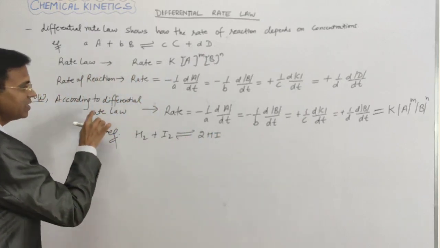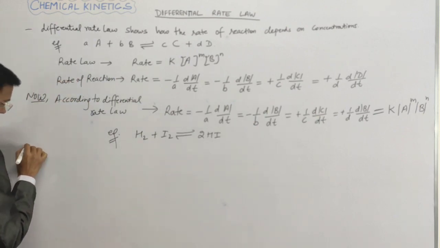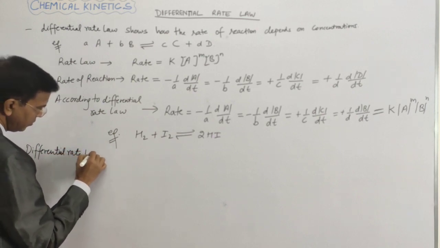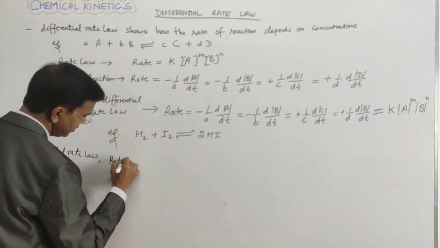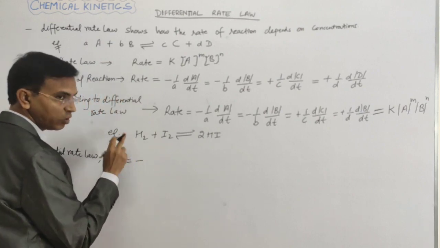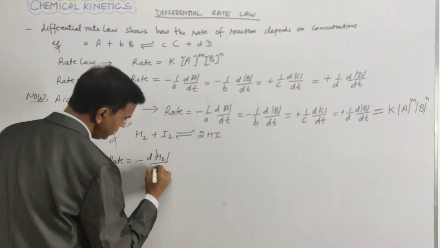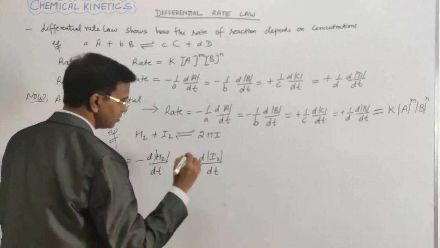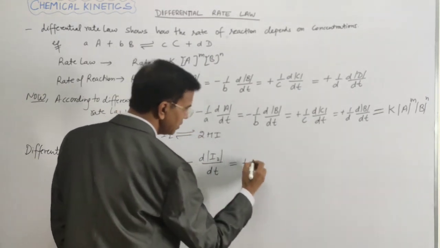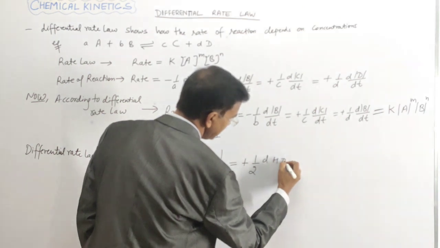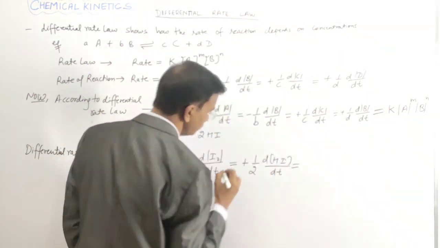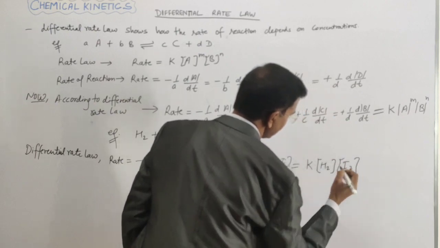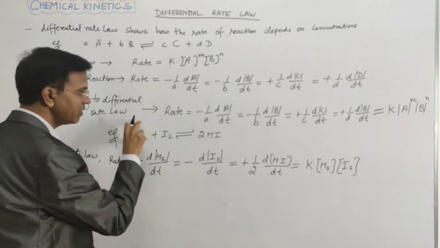If we are going to write the differential rate law for this reaction, rate is equal to minus d[H2] upon dt is equal to minus d[I2] upon dt is equal to plus, it has 2 moles, so we have to make 1 mole, 1 by 2 d[HI] upon dt is equal to K [H2] [I2].